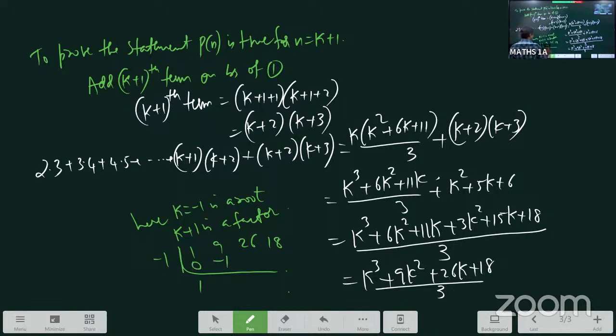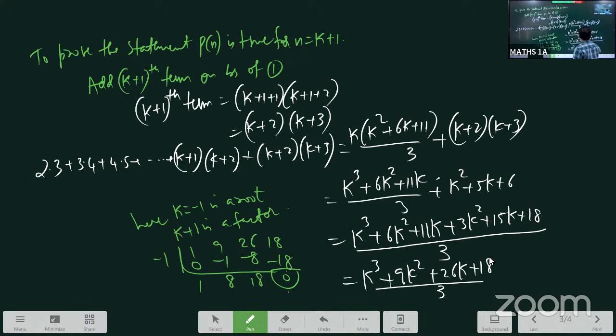Minus 1 into 1 is minus 1. This is 8. Minus 1 into 8 is minus 8. 26 minus 8 is 18. Minus 18. See, at last what I got is 0. Now this I am going to write as k plus 1 into.